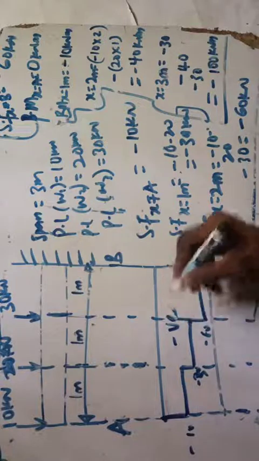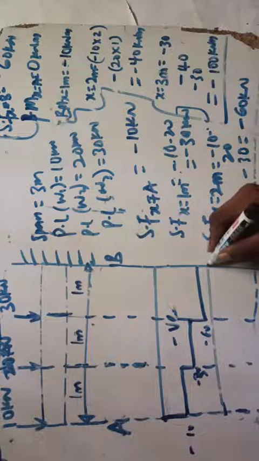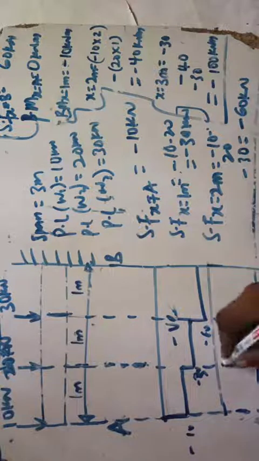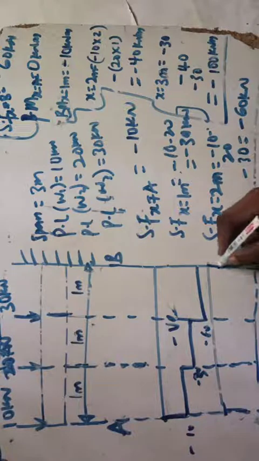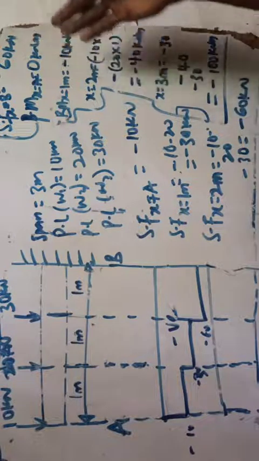Now also for the bending moment diagram, it is very simple as well. At this point here, from here you have 0 to minus 10, then minus 10, minus 40.